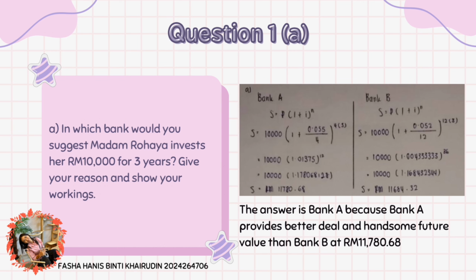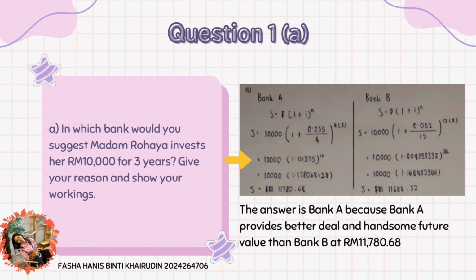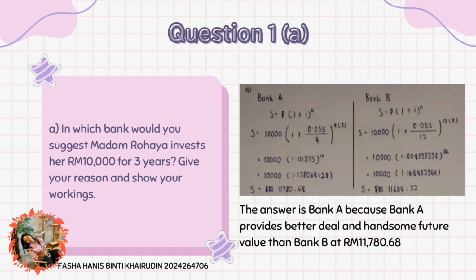So it should be S equals 10,000 bracket 1 plus 0.055 divided by 4 bracket to the power of 4 times 3. We need to solve the numbers in the bracket first and the power of n. So the answer will be S equals 10,000 bracket 1.01375 bracket to the power of 12.